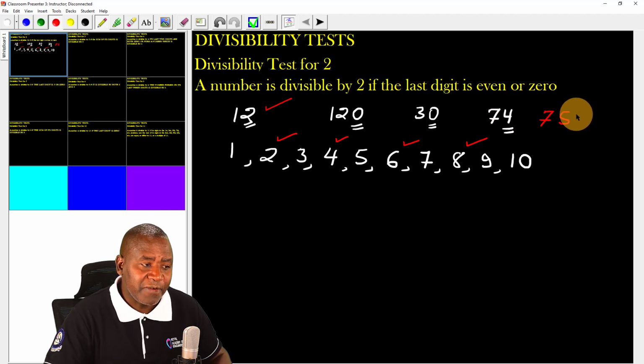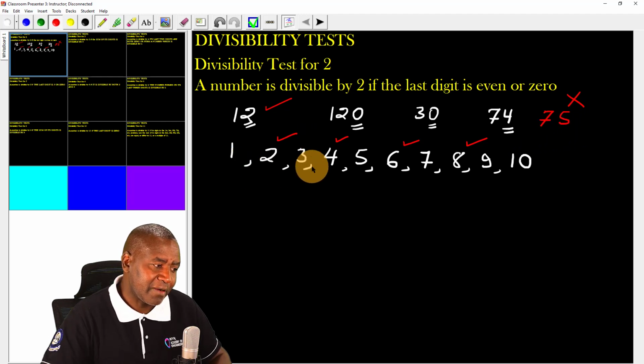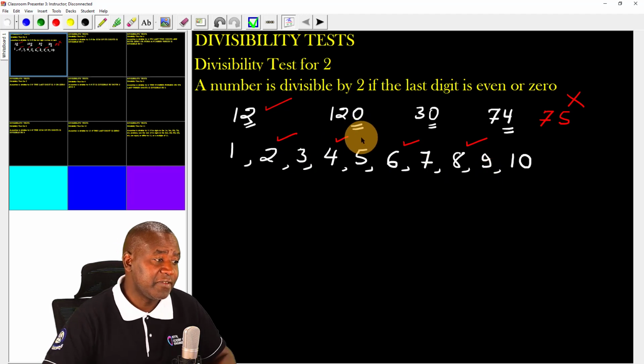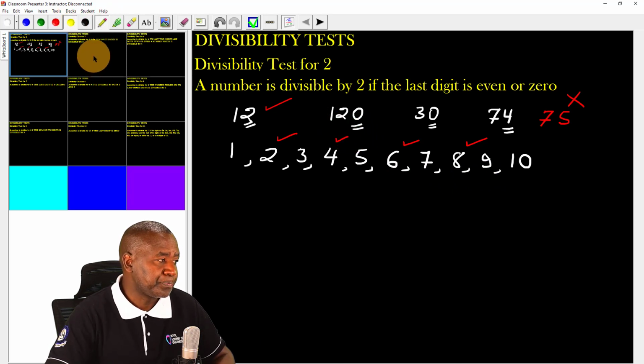But 75 is not divisible by 2 because the last digit in that number is odd. It's not even. By the way, the other numbers are referred to as odd numbers. And that is all about the divisibility test for number 2.